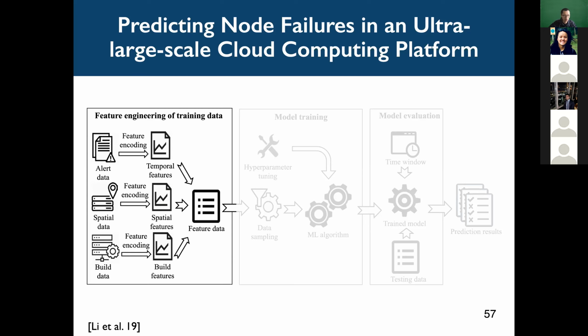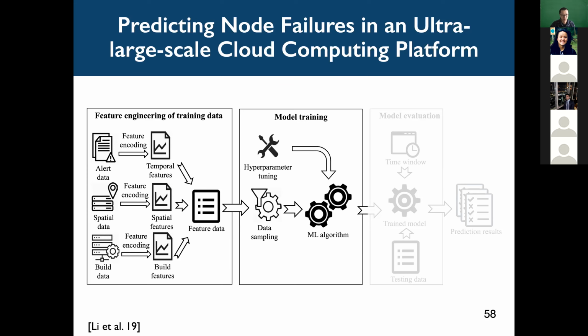Then this data will be combined into the features of a prediction model. Based on the features, we build a machine learning model. We do hyperparameter tuning, and we do data sampling as well. The data sampling is about how to sample the positive and negative cases from the feature data.